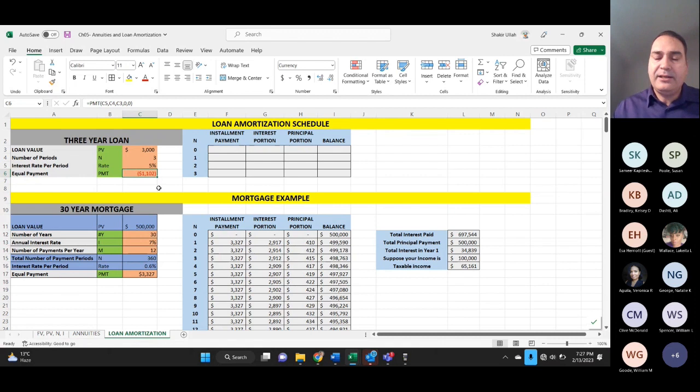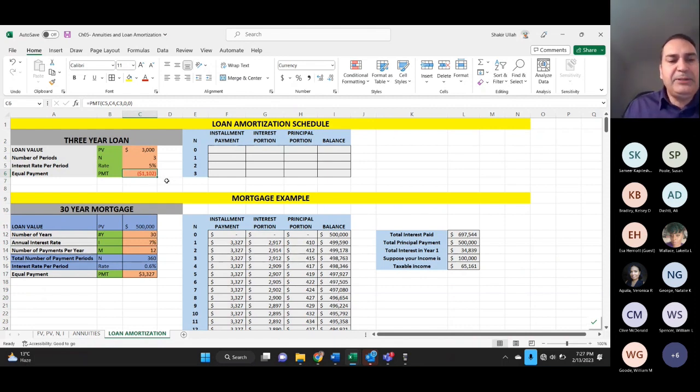Splitting this down is important because at the end of the year, if it's, for example, a mortgage, or maybe this is a business loan, that interest expense is tax deductible. So you will have to calculate your interest amount that you've paid during that year, and you make it an expense on your income statement so that you can get the tax benefit.